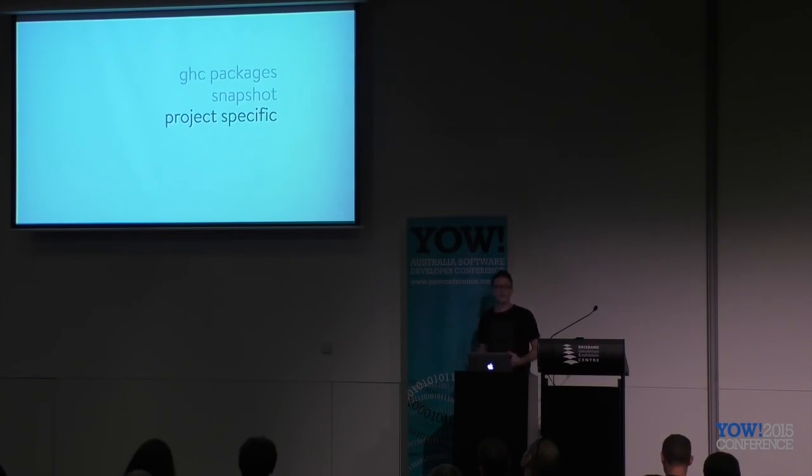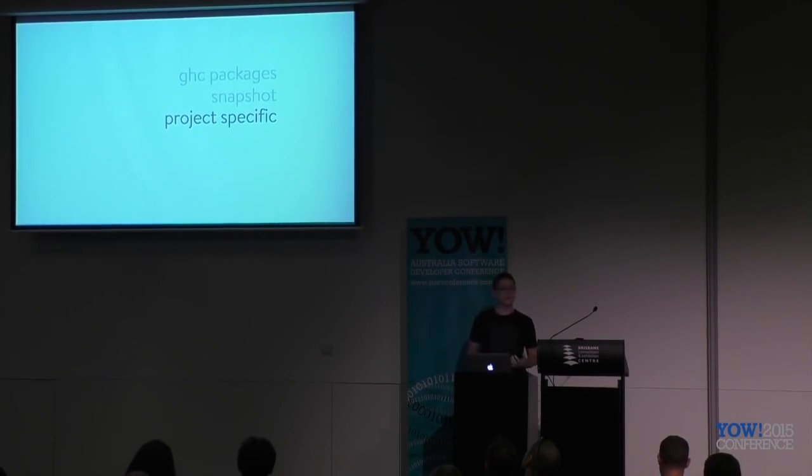Then we have a snapshot directory, and this is for libraries that are versioned together. Stack allows you to opt into this set of curated packages called Stackage. There are about 1,300 packages that are versioned as a single atomic unit, and they're all known to build and pass tests together. And as it happens, these are 1,300 of the most popular Haskell libraries.